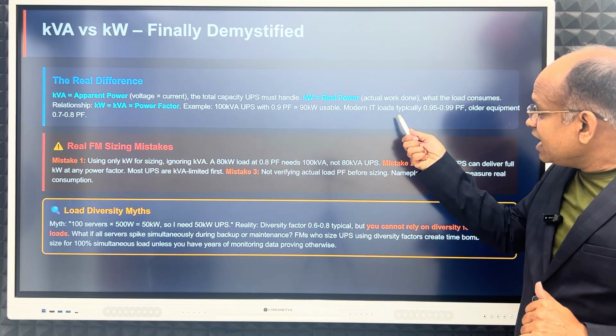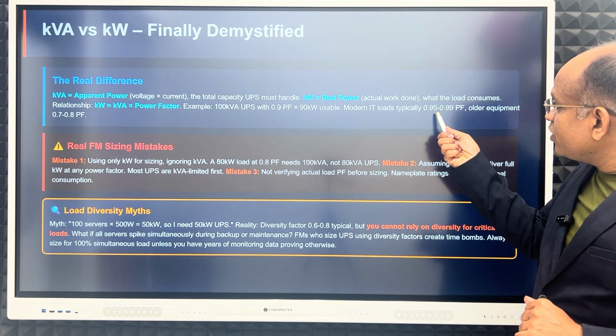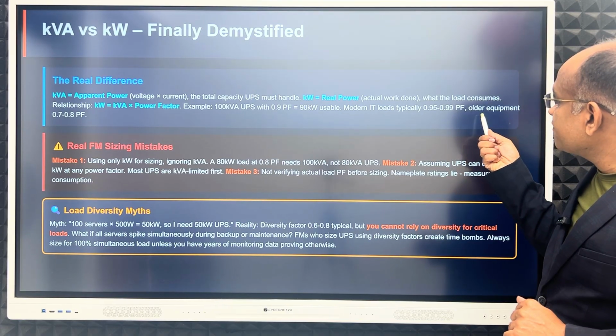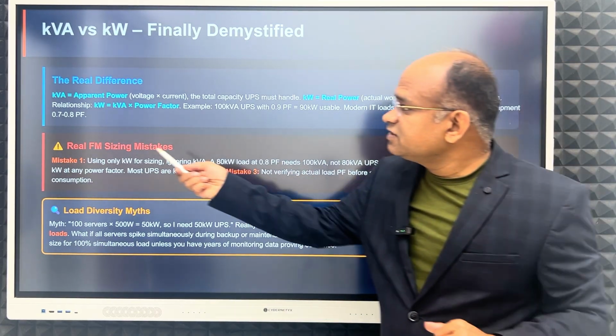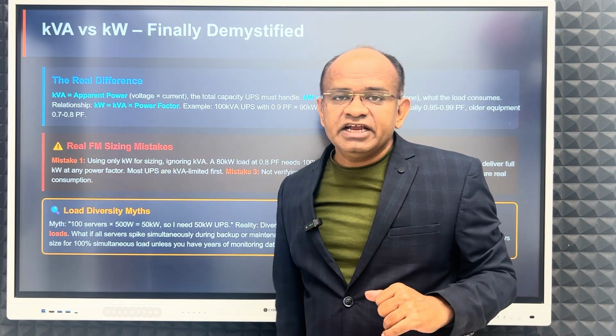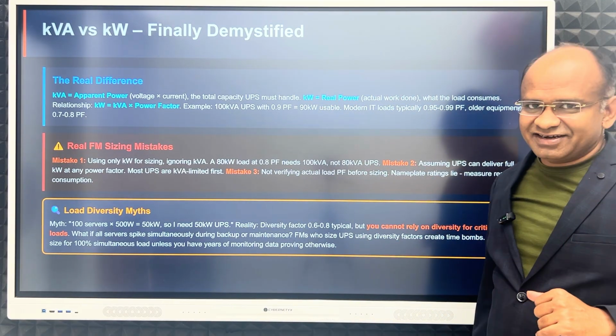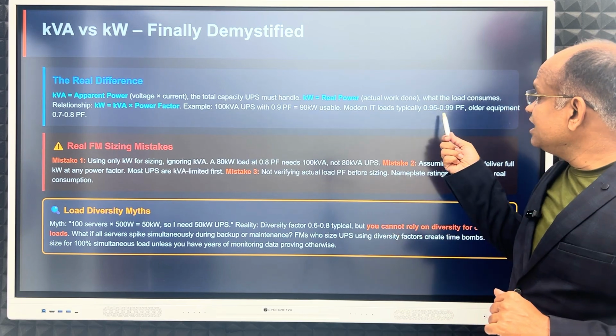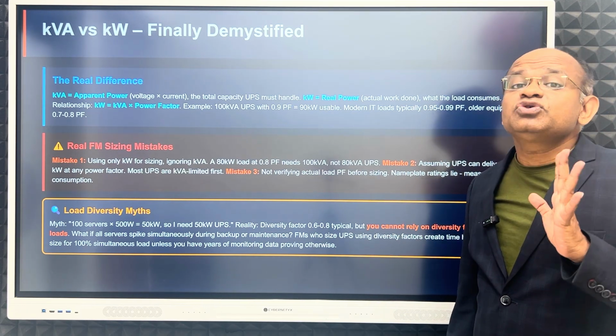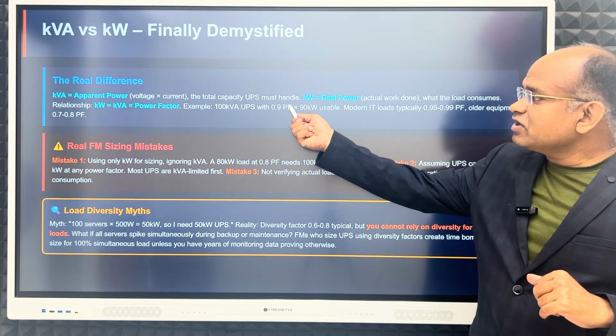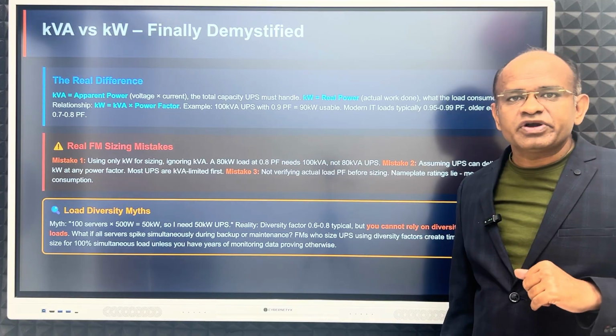Now modern IT loads are typically 0.95 to 0.99 power factor. Older equipment is 0.7 to 0.8 power factor. So modern equipment has a good power factor, 0.95 to 0.99, which is good for us, and it will not affect the size of our UPS.